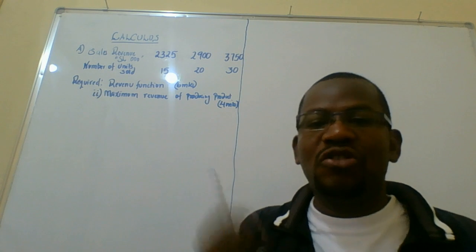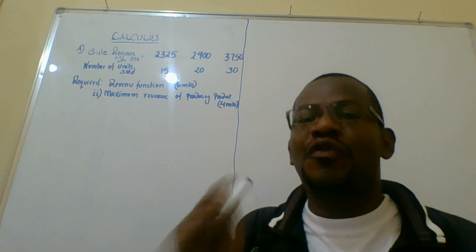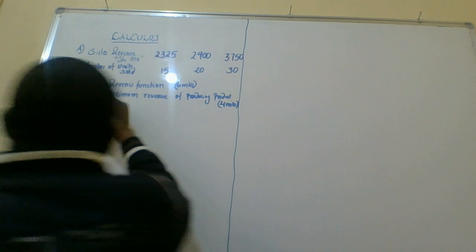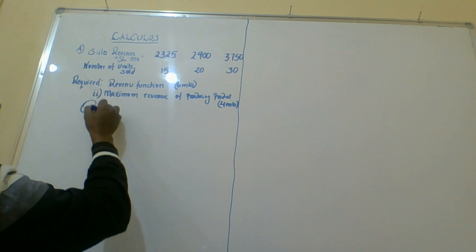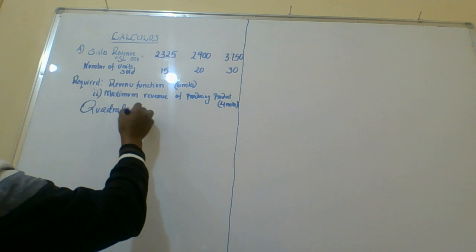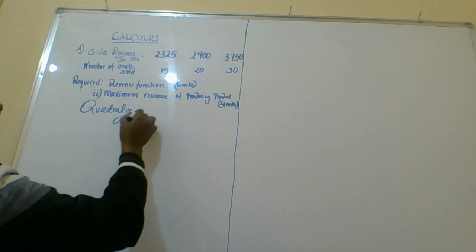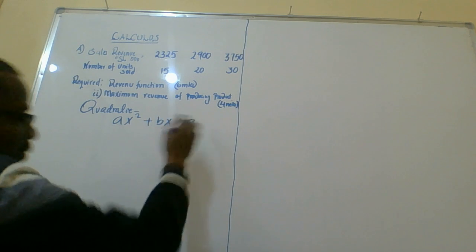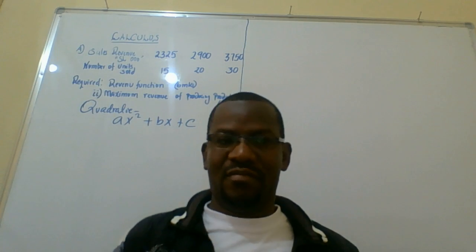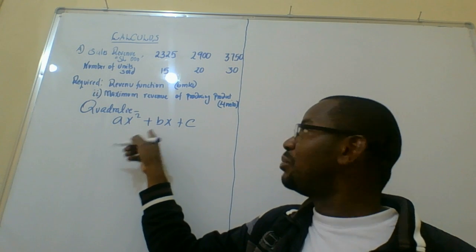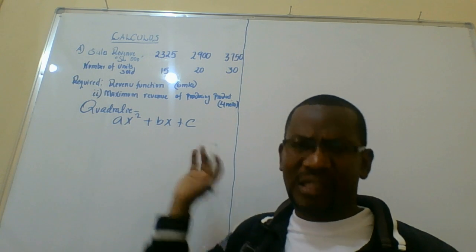Therefore, write the quadratic formula, which is ax squared plus bx plus c.